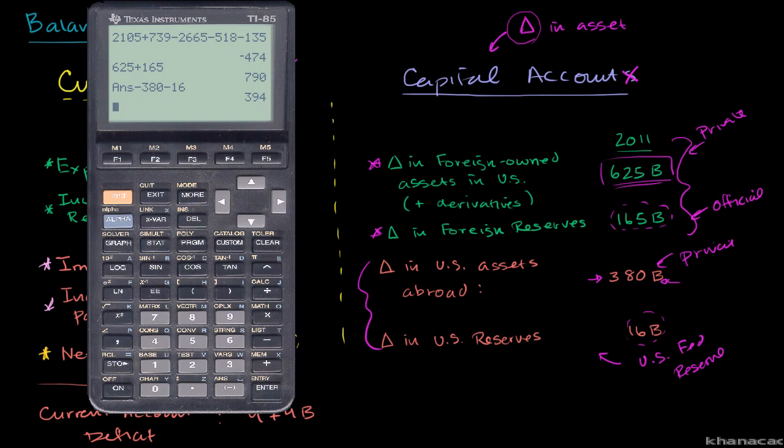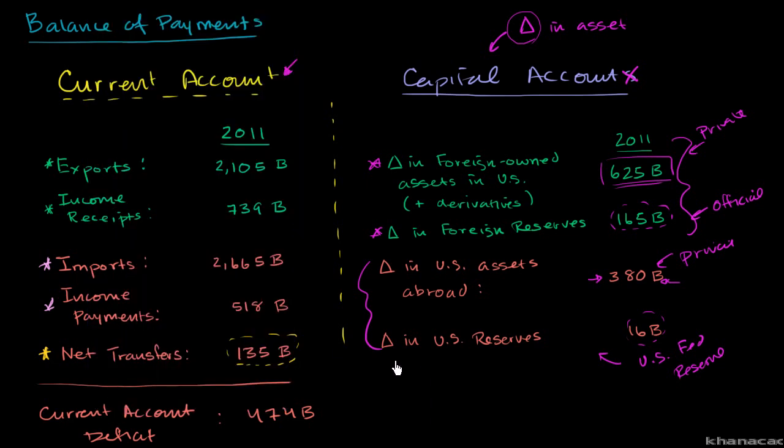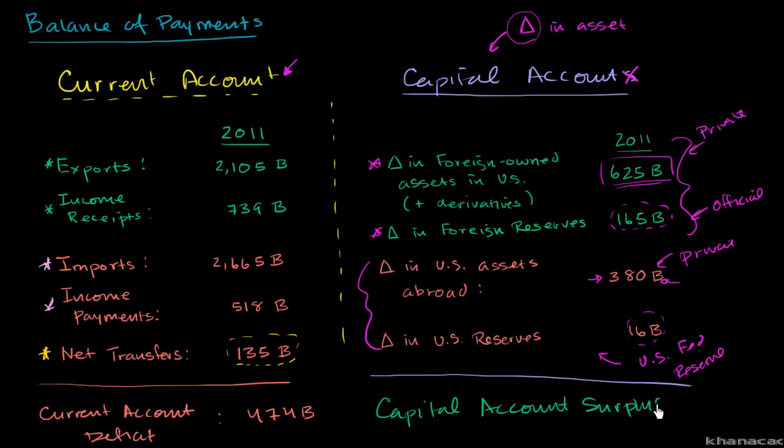So we're running a capital account surplus. Let me write that. So we end up with a capital account surplus of $394 billion.